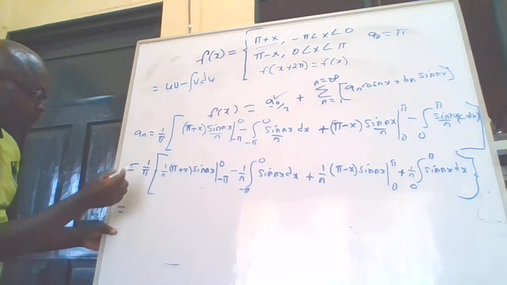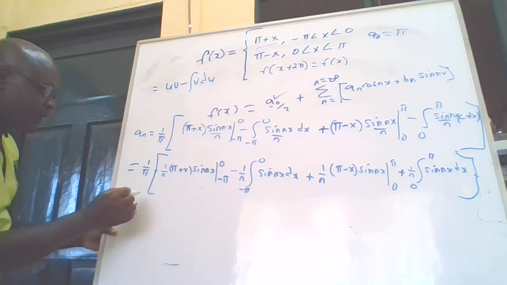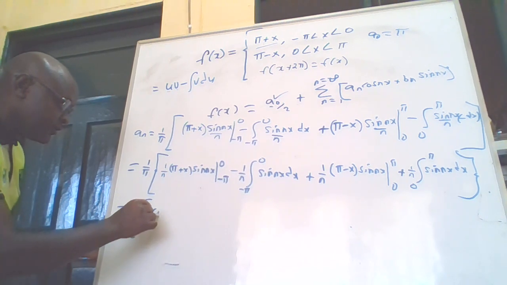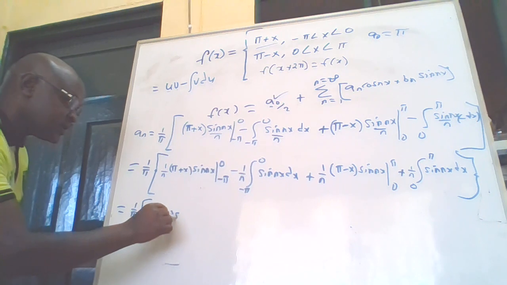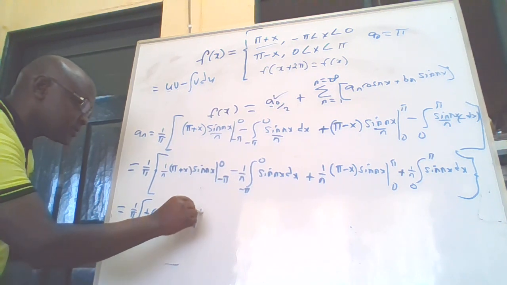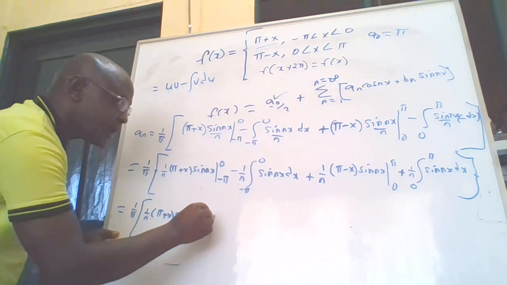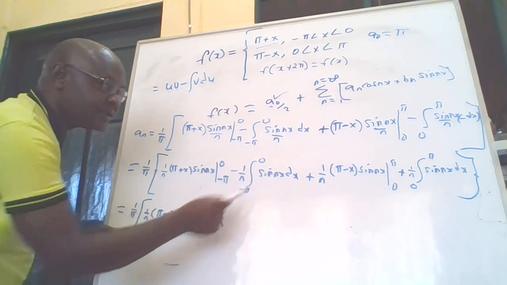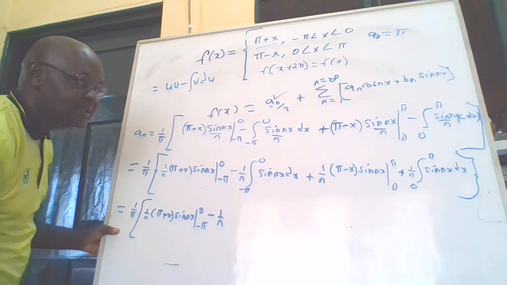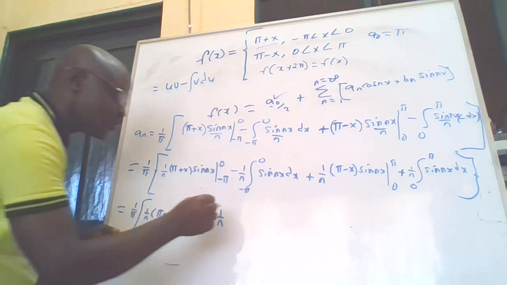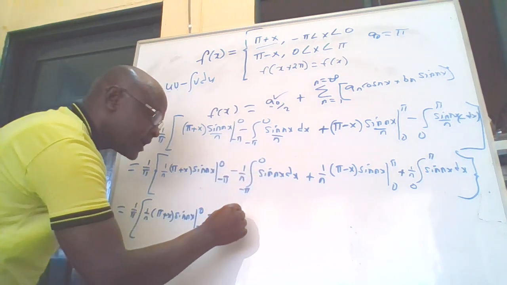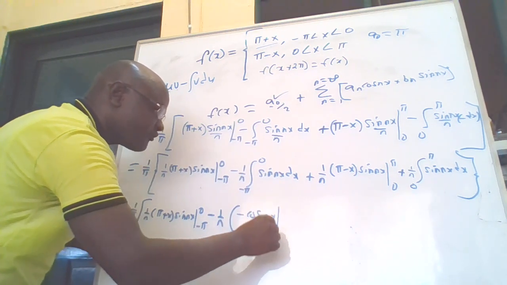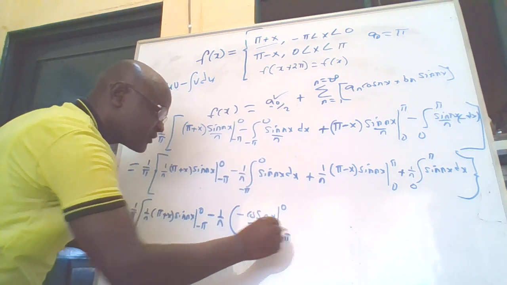Now this equals 1 over pi, and of course I have 1 over n, pi plus x sine nx, minus 1 over n. Now, when you integrate sine nx, we shall get minus cos nx all over n. And of course, that is the range of integration.